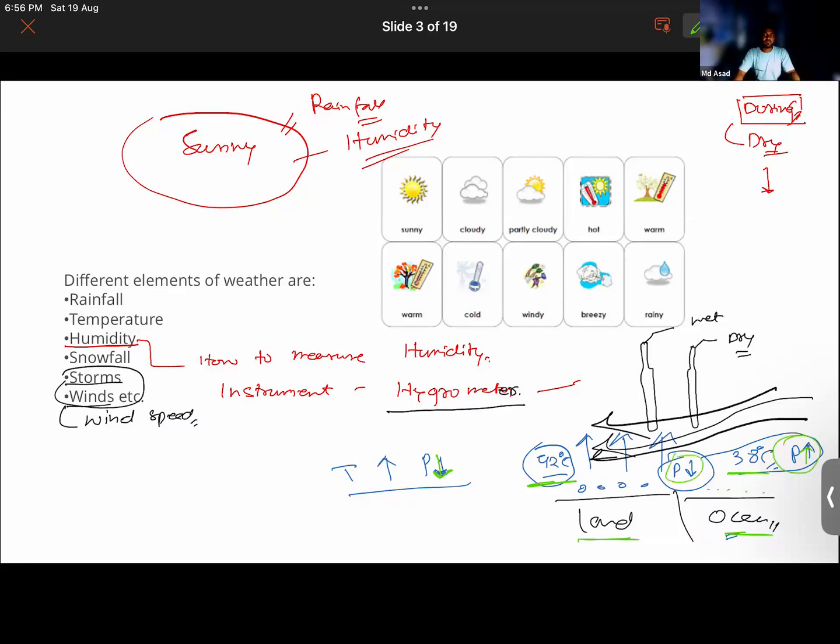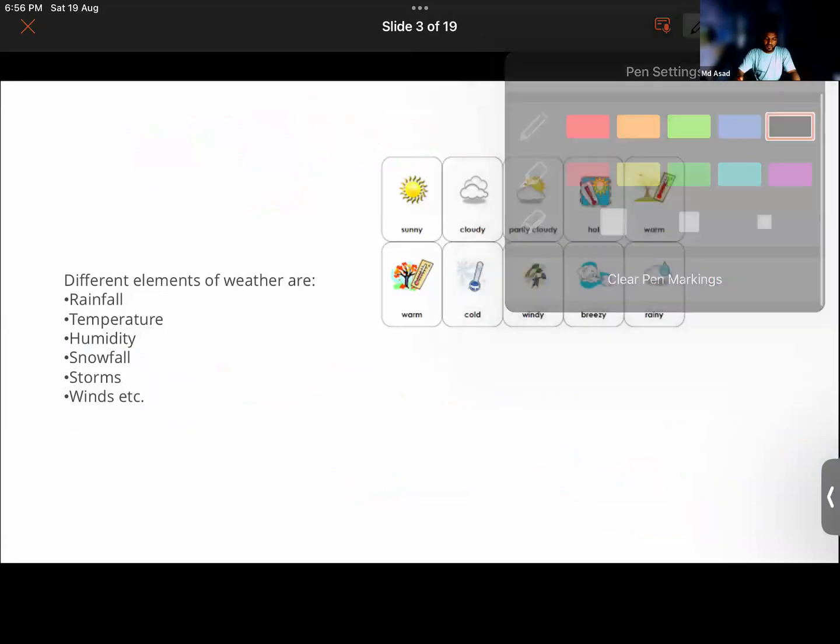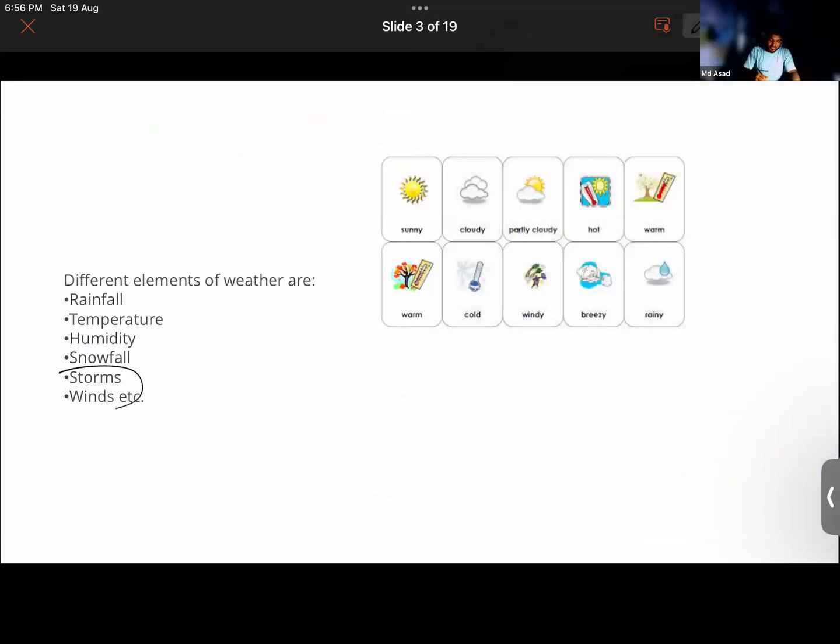So there will be a flow of air from the ocean side to the land side. Basically, wind is caused due to the difference in air pressure. Wind is caused due to what? Air pressure.